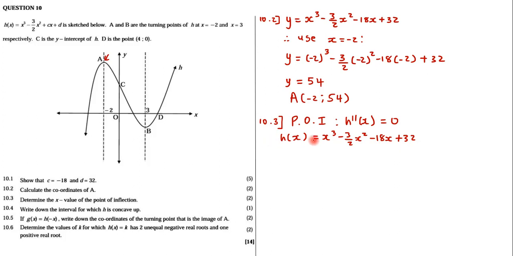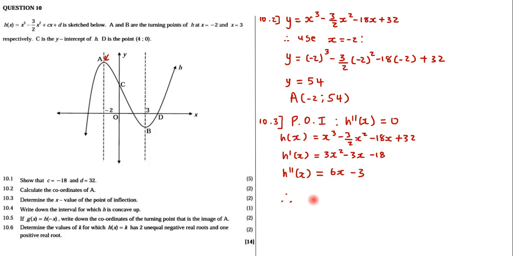First we find the first derivative, which is 3x squared minus 3x minus 18. Notice I didn't equate this with 0, because the one I need to equate with 0 is the second derivative. So I differentiate this derivative, which gives me a second derivative of 6x minus 3.